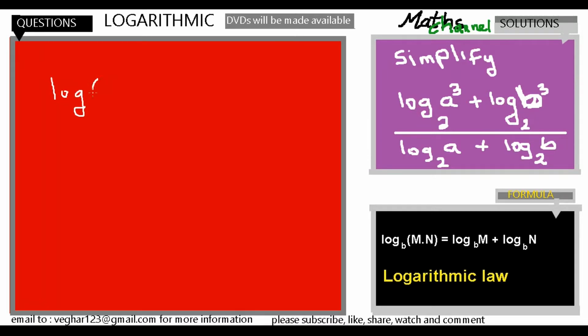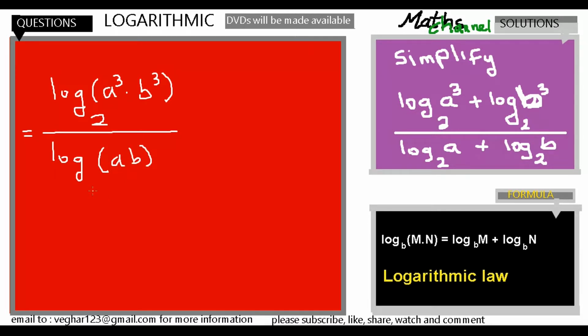So we have a raised to 3, e raised to 3 on top, and then 2. Now because the base is the same, you'll make it 1, and the bottom part as well, you will do the same. It's AB, base 2.